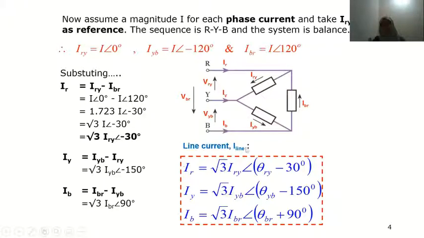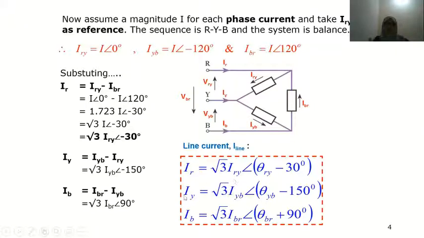So we can say here, for the respective line currents, IR is equivalent to square root 3 IRY and the angle is theta RY minus 30 degree.